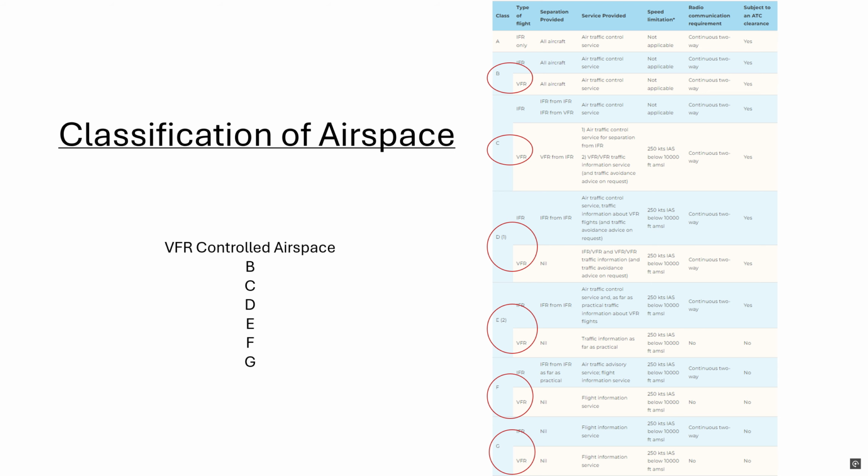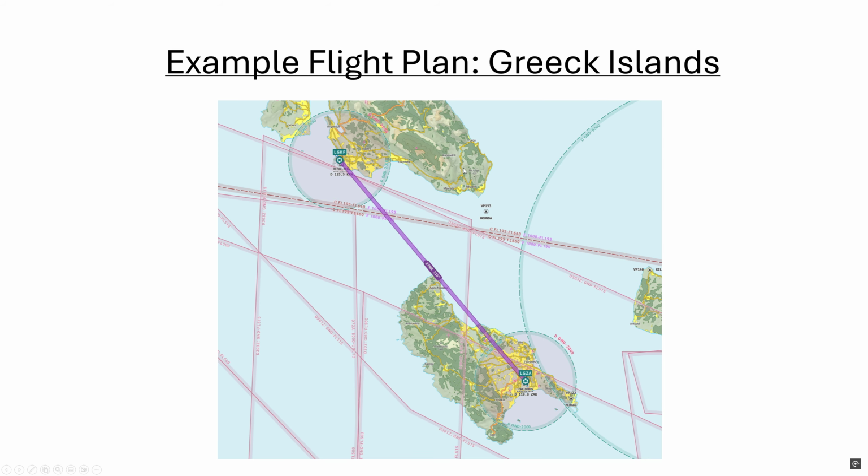Well, if you have a Charlie classification, then VFR is possible. If you have a Bravo, Delta, Echo, Foxtrot or Golf classification, VFR is possible. The only case where VFR is not possible, where you have a controlled airspace not open for VFR, is when you have an Alpha classification.